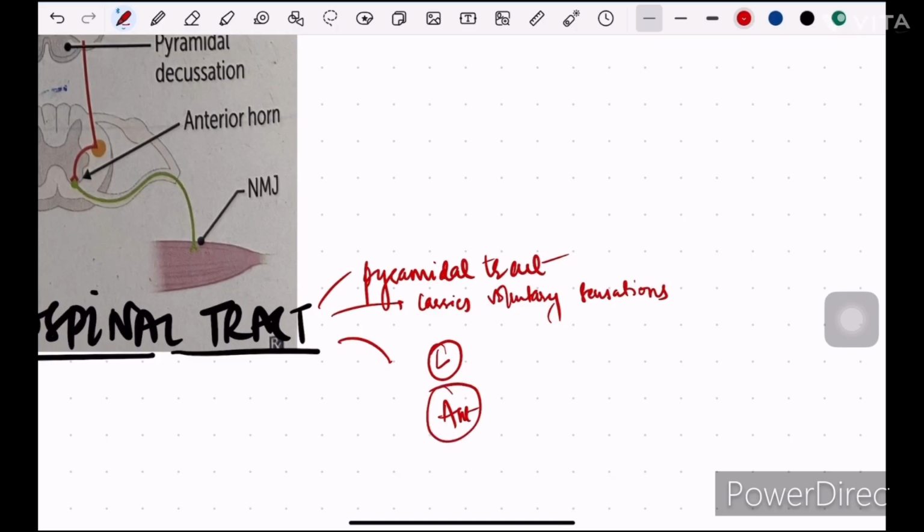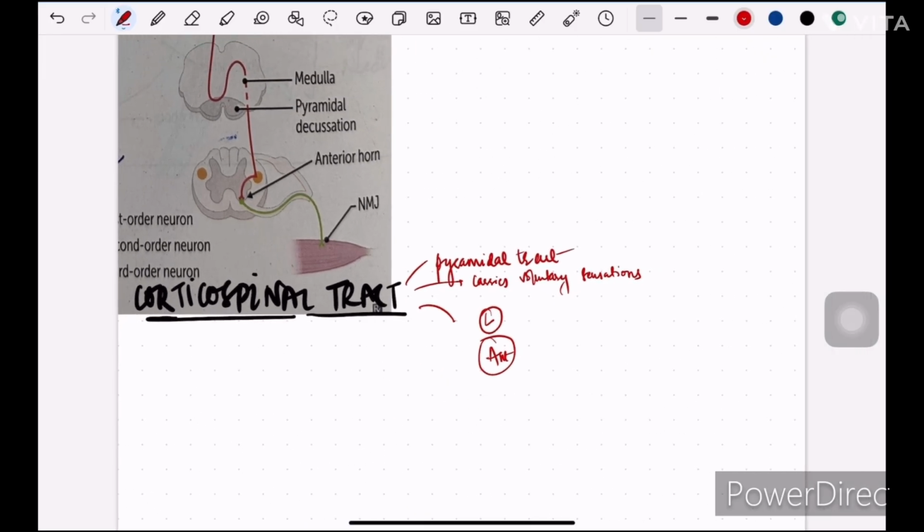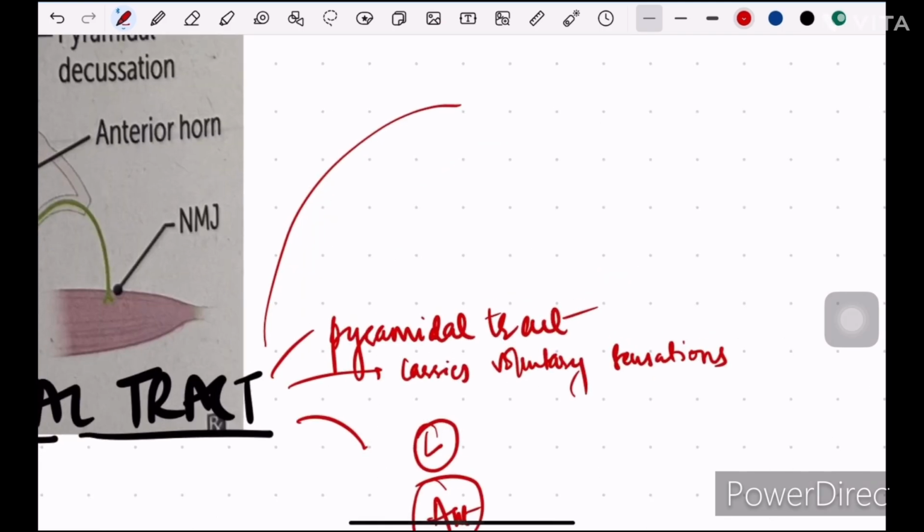Now the important thing about the corticospinal tract is, first of all, let's talk about the origin.